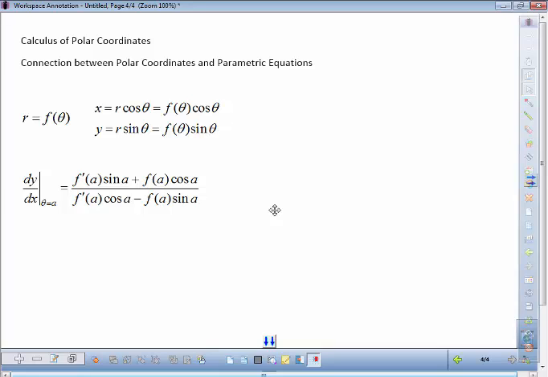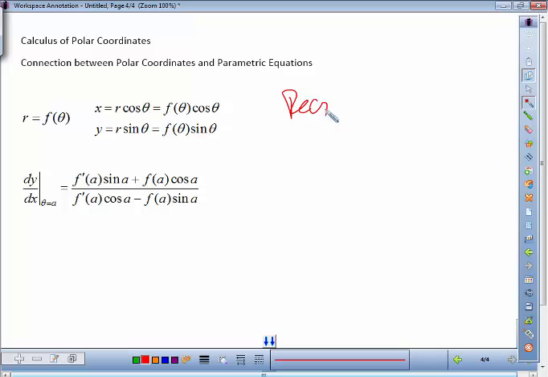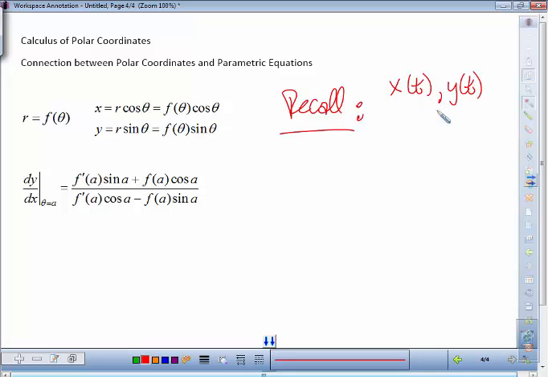Remember, the dy dx in parametric equations, when you have x of t, y of t, the dy dx turns out to be dy dt over dx dt.